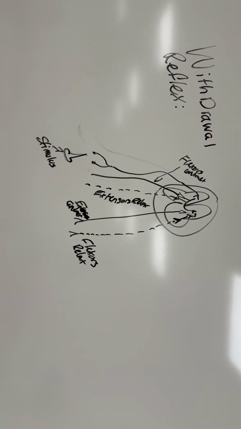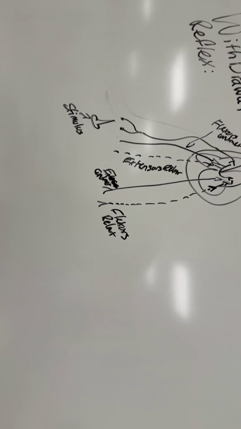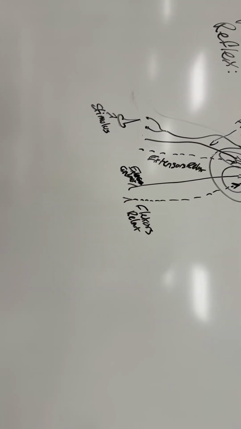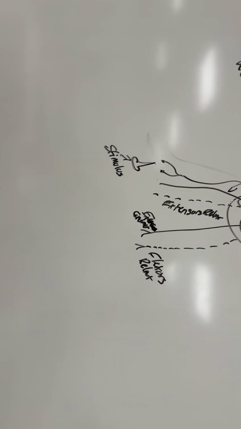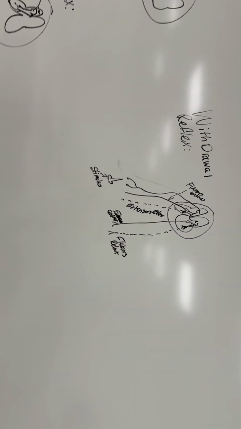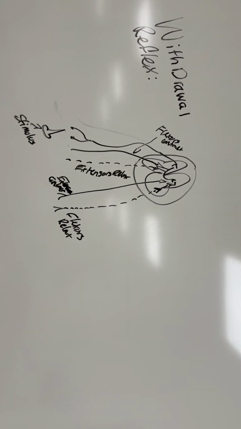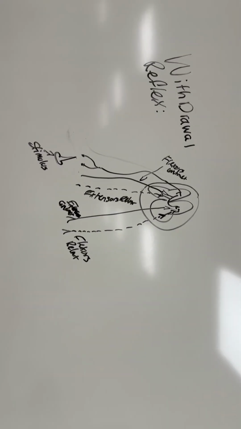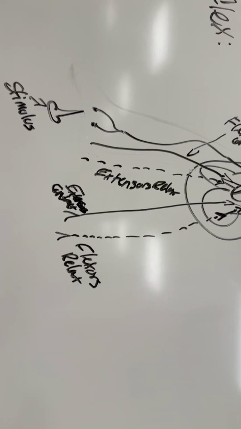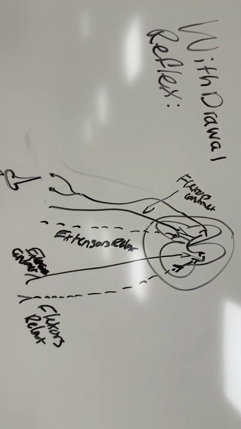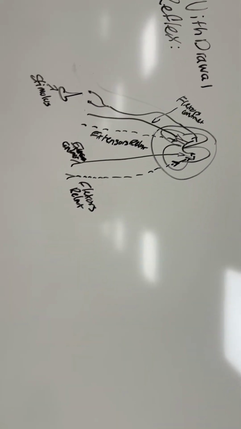And then on the other side of the spinal cord, for your other leg, so if we were to just impact the leg that's stepping on the stimulus, we would probably fall on our butt. But we need to keep our balance, so we also need to have an effect on the other leg that keeps our balance. So we're going to use interneurons to do that. Our original sensory neuron is going to go to the other side of the spinal cord, which is responsible for the other limb.